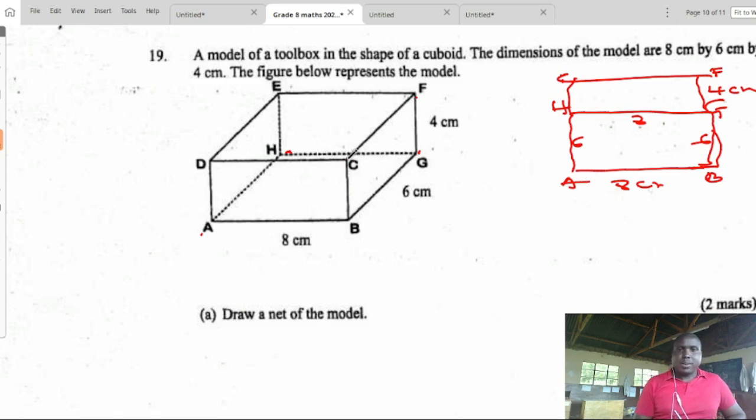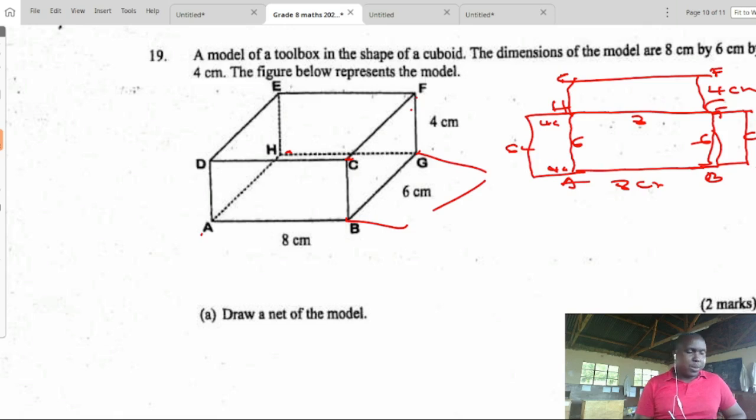Next, hii na hii ukifungua itarara pande hii. So now we can put that one here like this. It is 4 centimeters, so ikweke kidogo. And then we will have this one also, 4 centimeters, 4 centimeters, 6 centimeters, 6 centimeters.